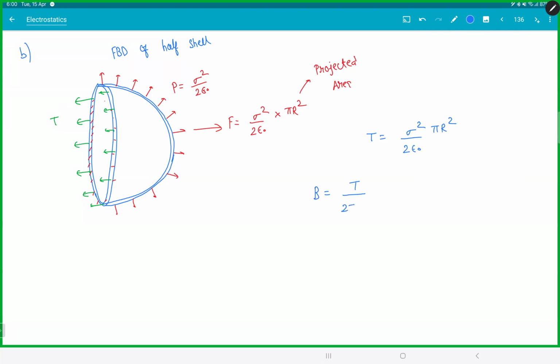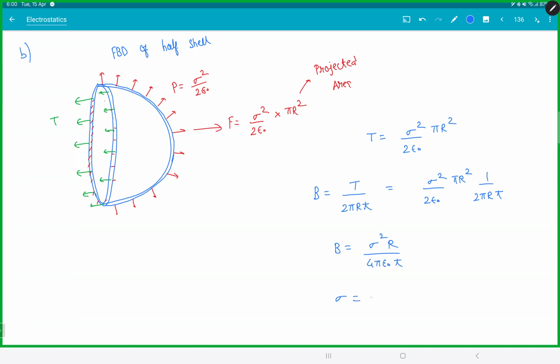Which area are you talking about? That will be 2 pi r into thickness. Since the thickness is very small, I can treat that like a small rectangular strip. So we get sigma square by 2 epsilon, pi r square, by 2 pi r t. So B is equal to sigma square, pi goes off, one r will be left out, 4 epsilon t.